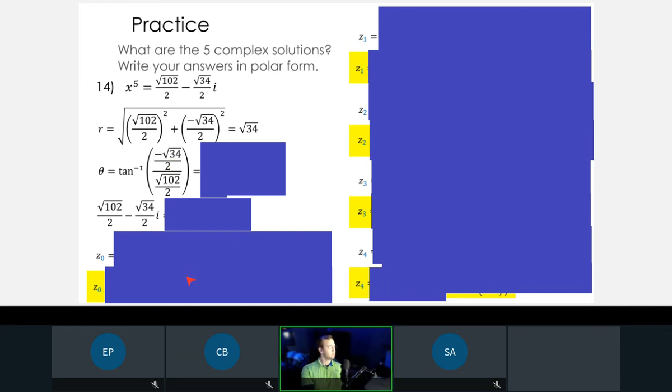You type that in, you hit enter, you get negative pi over 6. So let's look at something real quick. The original point, with this minus: which quadrant is this complex number in?